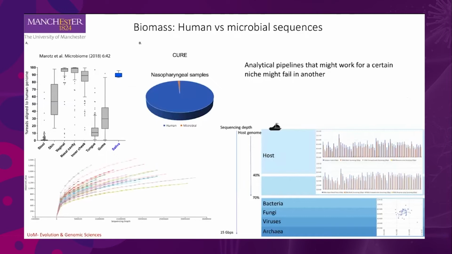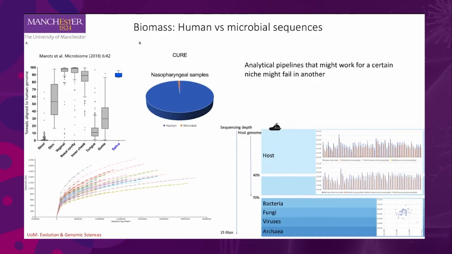And another aspect of this issue has to do with the ratio of human sequences versus microbial sequences that we pull out from the human tissue, or from the environmental side. As we can see in the graph on the left, different tissues show different contamination of human sequences.